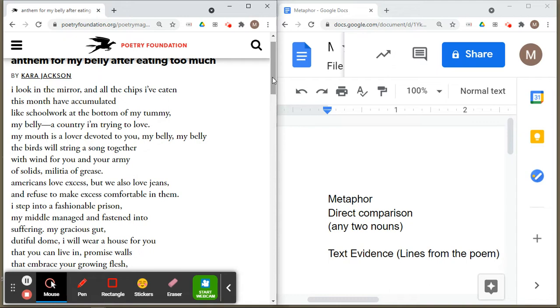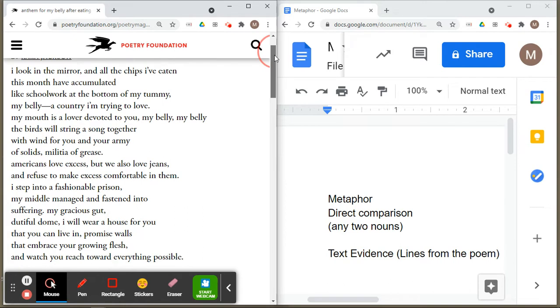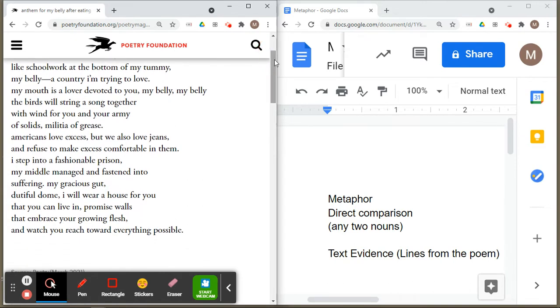Americans love excess, but we also love jeans and refuse to make excess comfortable in them. I step into a fashionable prison, my middle managed and fastened into suffering. My gracious gut, dutiful dome, I will wear a house for you that you can live in, promise walls that embrace your growing flesh and watch you reach toward everything possible.